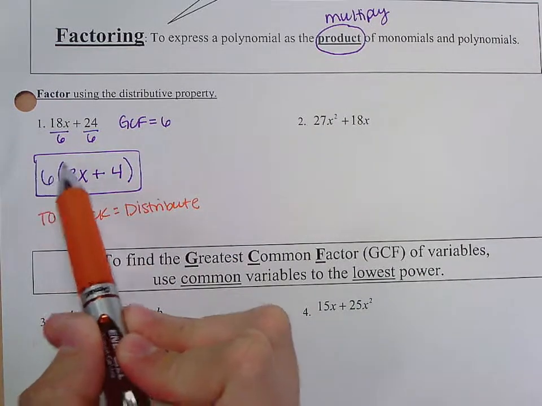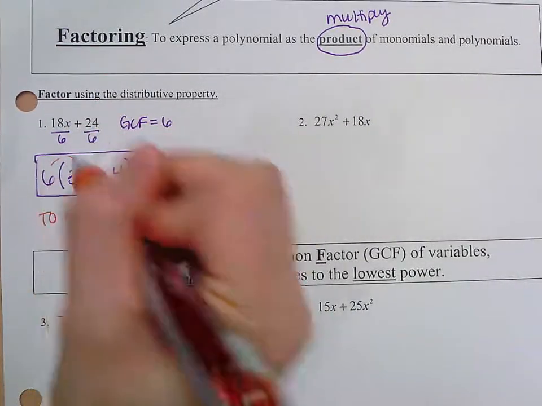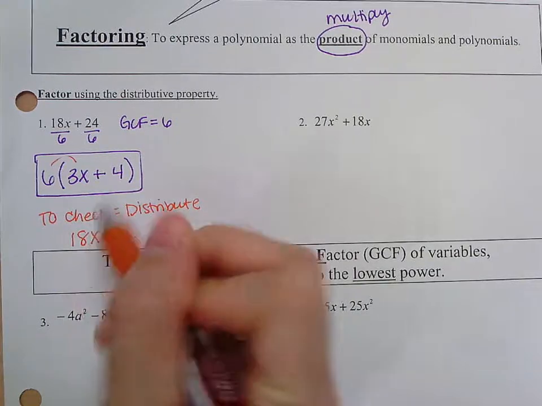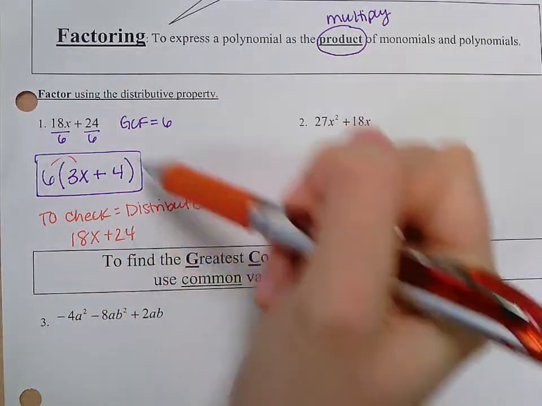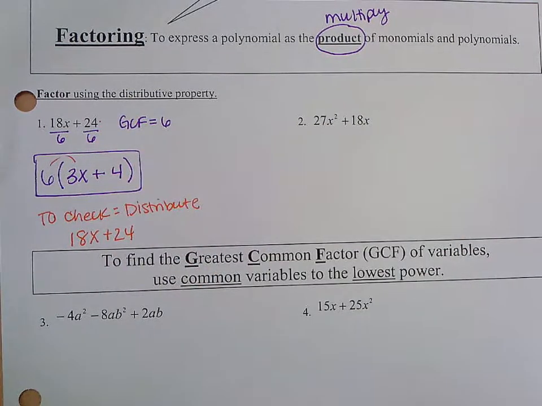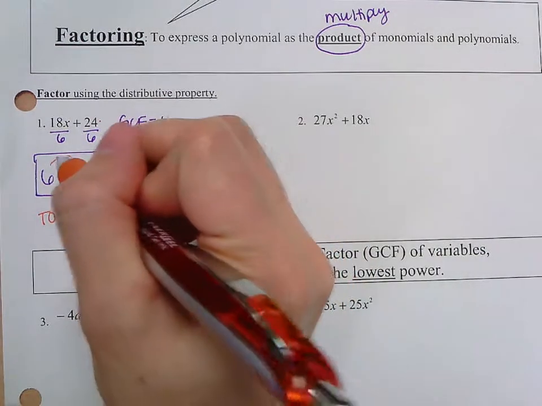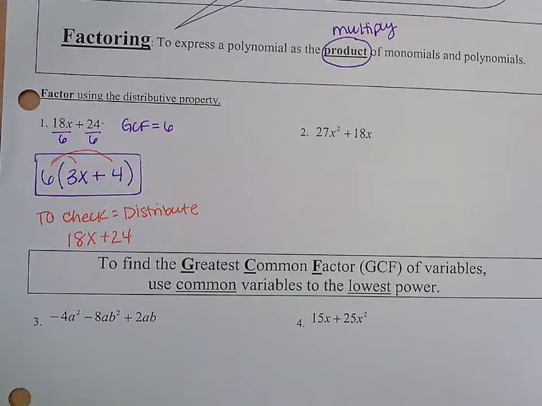So if I do 6 times 3x, that is 18x, and 6 times 4 is plus 24. If I distribute and I don't get what I started with, that means I factored it incorrectly. And that doesn't mean that you say, oh, I factored it wrong, I guess my answer is wrong and move on. Then look back and see, okay, how do I fix it?